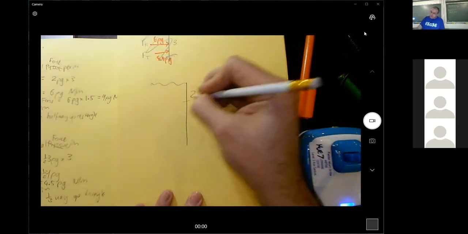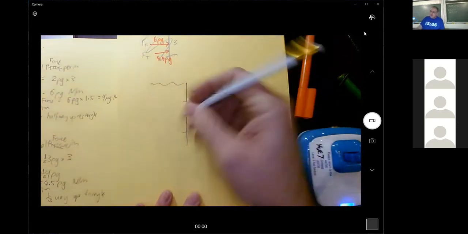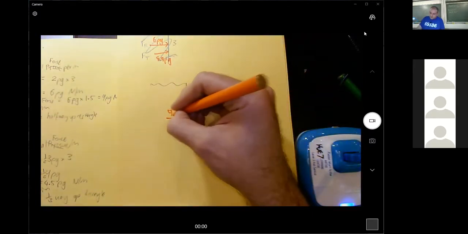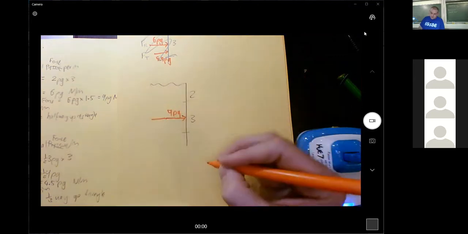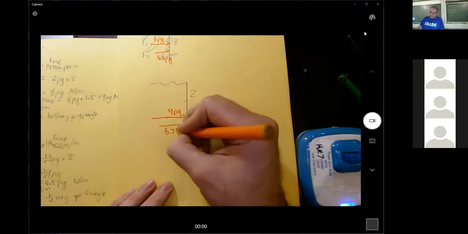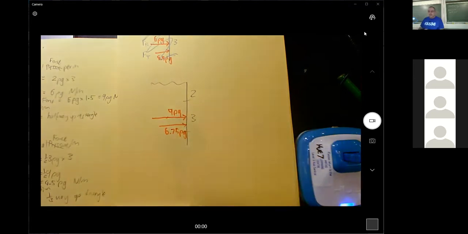There's the water. So we've got one here, which is 9 rho g, and one here, which is 6.75 rho g. Okay. All right.